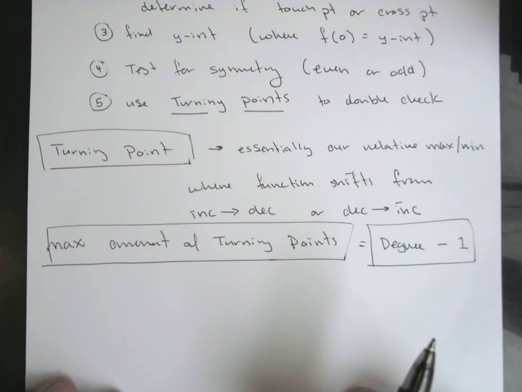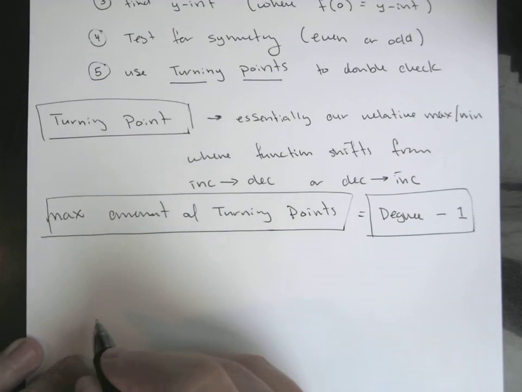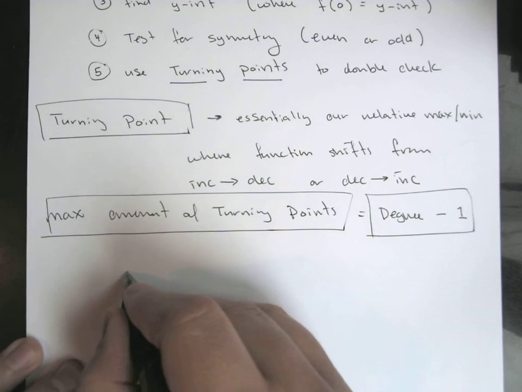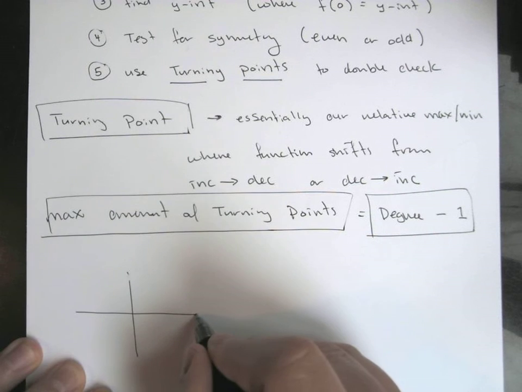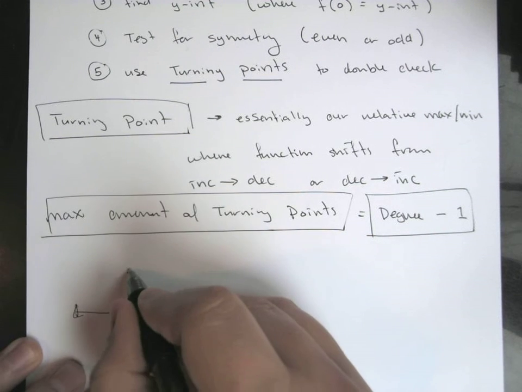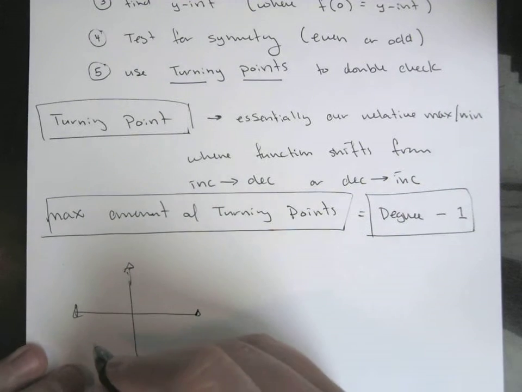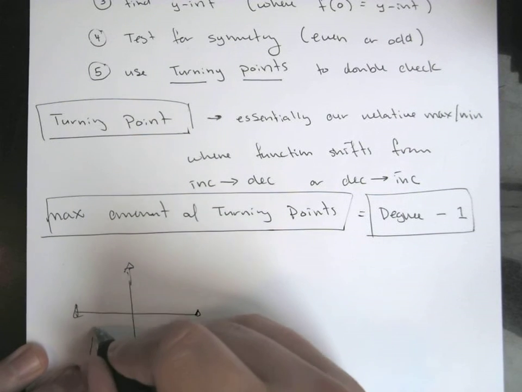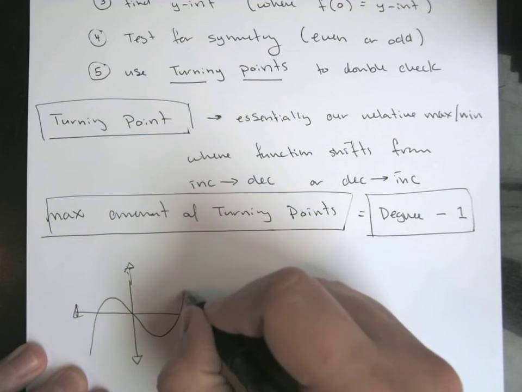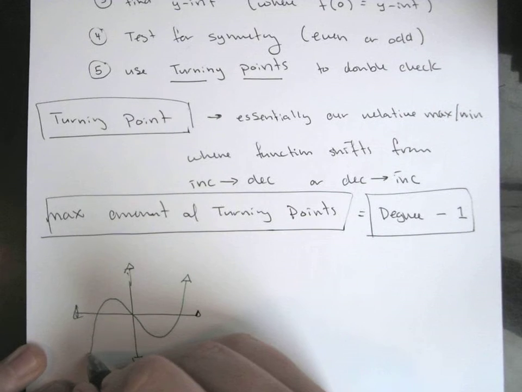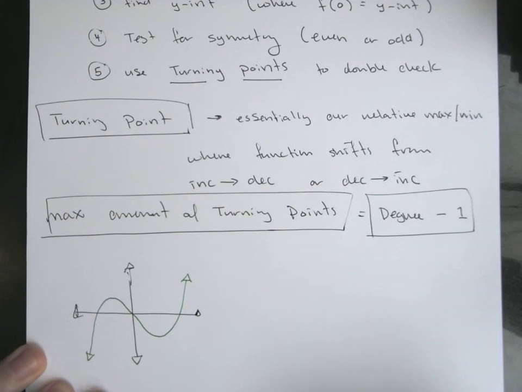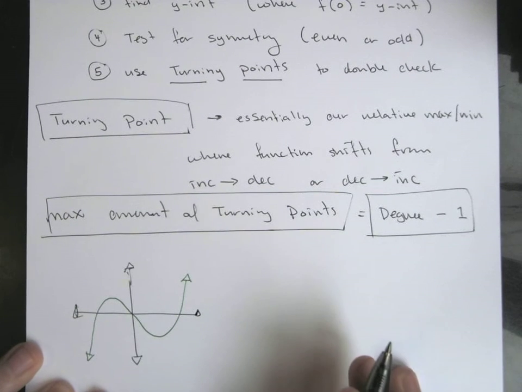If I just draw a random curve down here, for instance, I keep drawing something that looks kind of like this, so why not? So what's on here?